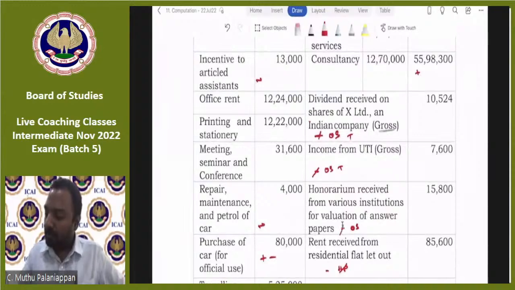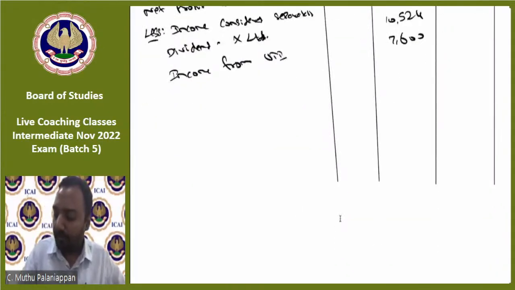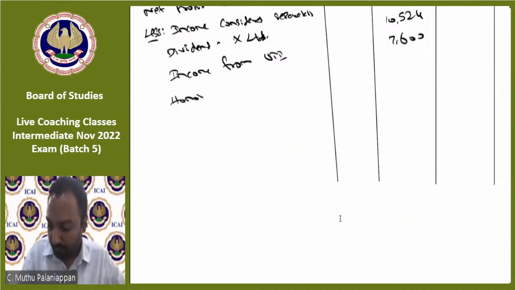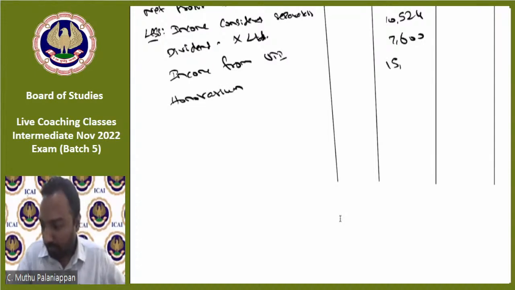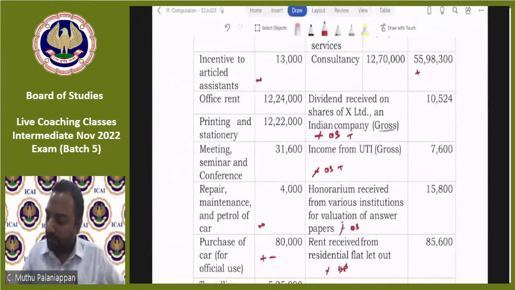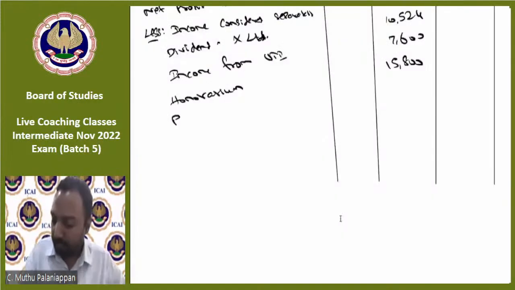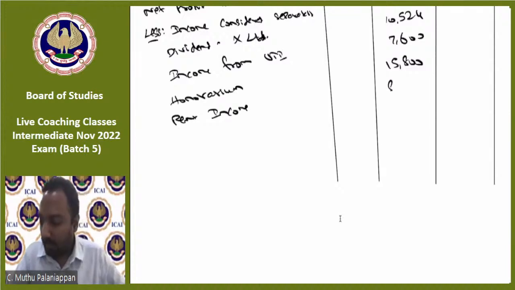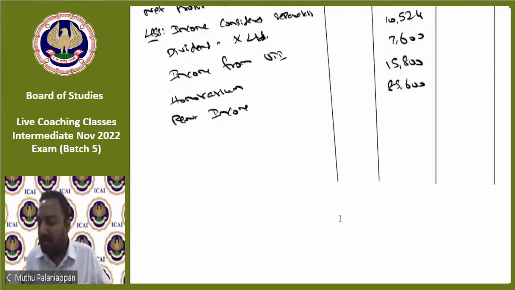So honorarium is 15,800. The last one is house property income, rent income, 85,600. So all these are not income as far as we are concerned.